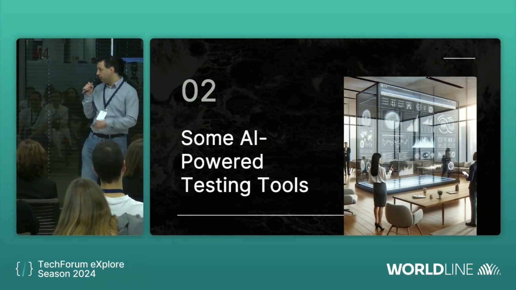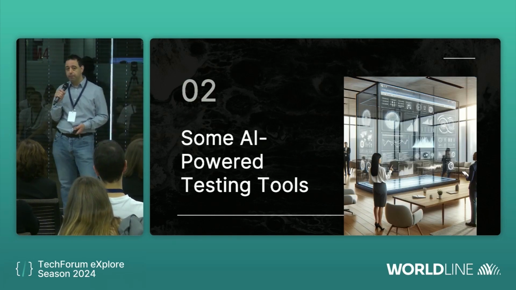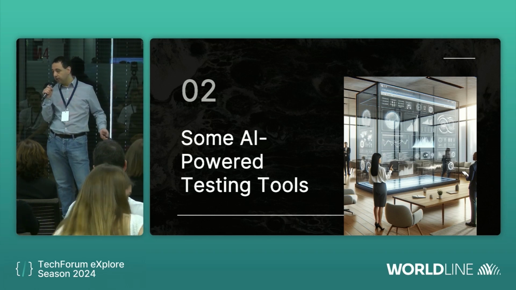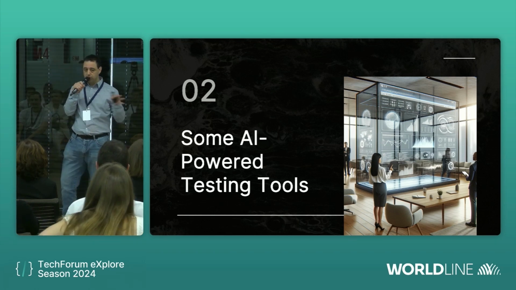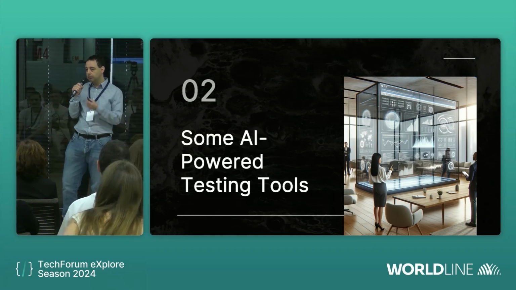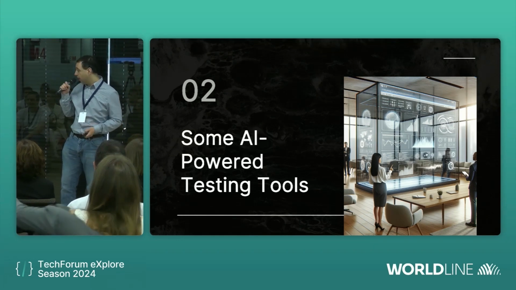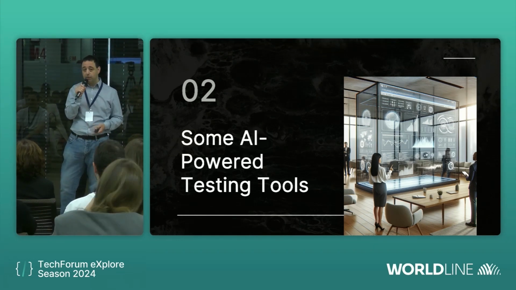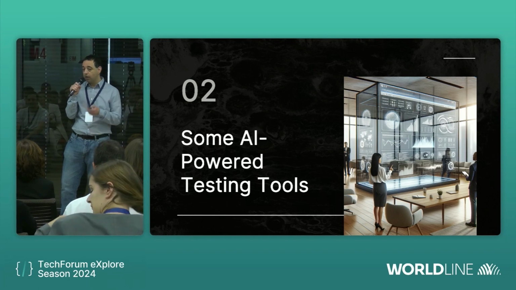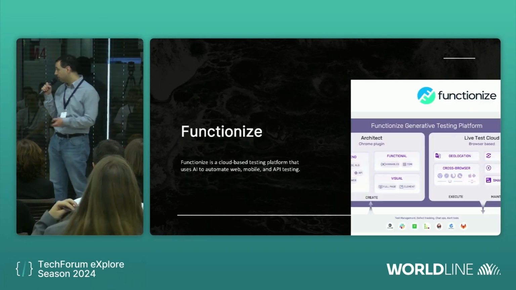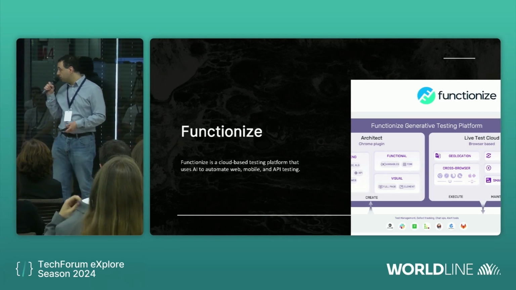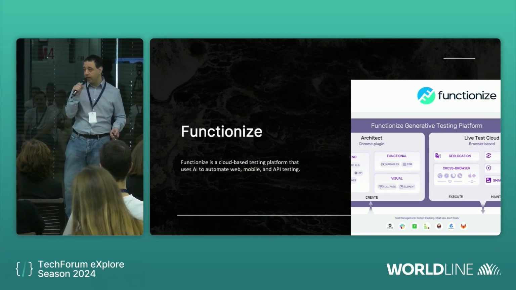So let's see some of the most popular tools nowadays. This is not a comprehensive list. This is just so you get a bit of a taste of what you can find in the market right now, and some of the benefits related to some of them. So, for instance, this one, I don't know if you know it. It's called Functionize.